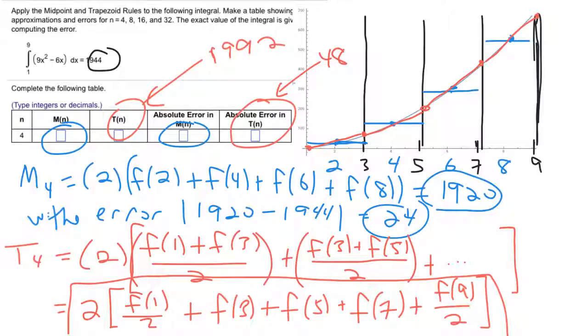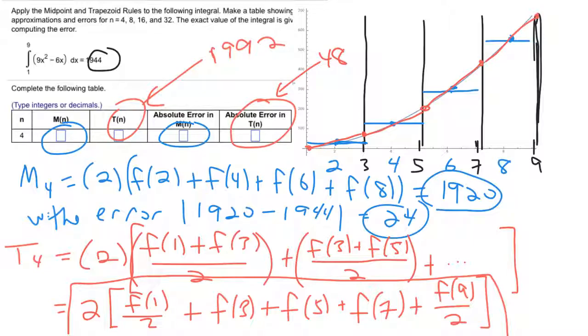I strongly recommend doing that based on the pictures, and then you can, if you want, do the ones for 8 subintervals. That's not too bad, but I definitely recommend you don't try to do the calculation for 16 and 32 subintervals.